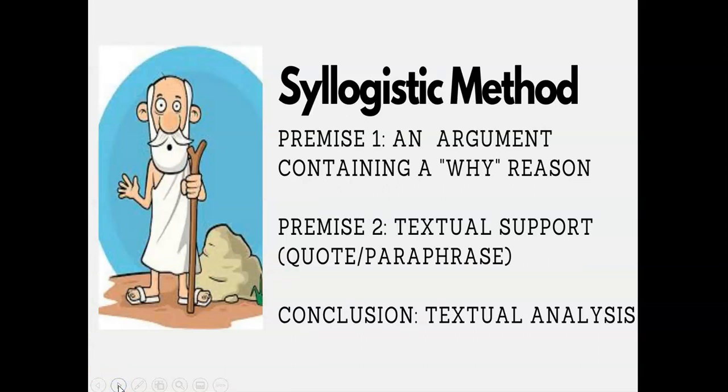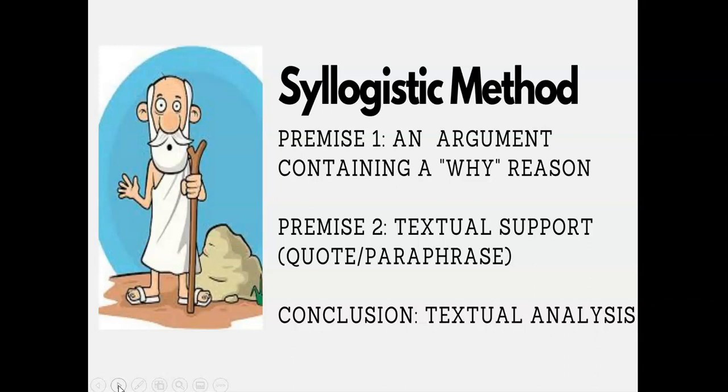So in terms of what the template looks like for constructing synthesis, this is what each body paragraph must do. Within the body paragraph, you're going to have a first premise, a second premise, and a conclusion. And I really want to emphasize that a body paragraph has a conclusion.